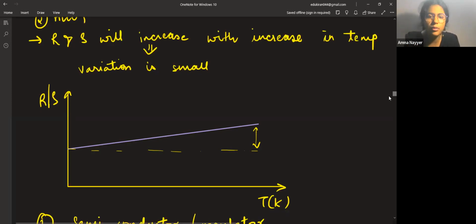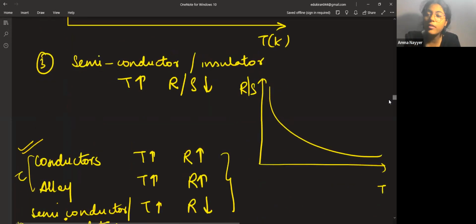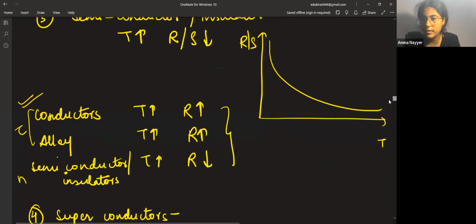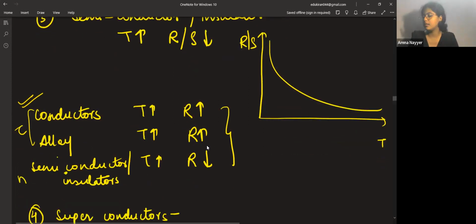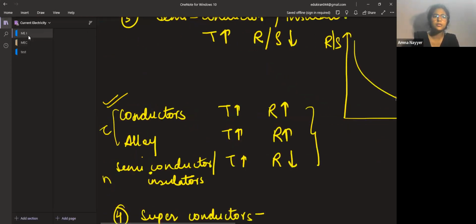Okay, so yes, that was about alloy. Now, when we talk about semiconductors and insulators, these are inversely proportional. So this is a combination, it's like this combination you can remember. See, conductors, alloys, and semiconductors.